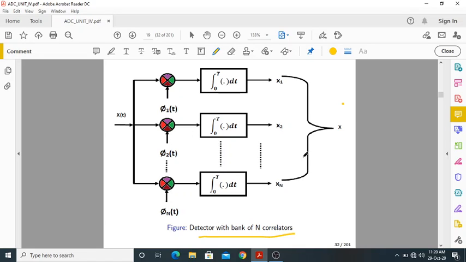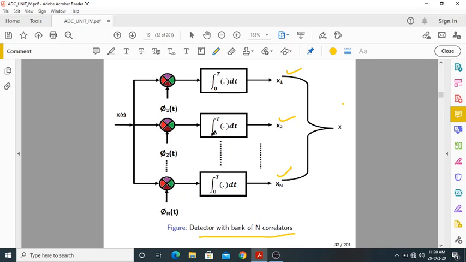What happens here is x of t is the input to this block of N correlators. First of all we multiply with phi 1 of t and do integration, and you get x1. Next, this is for x2, and so on, up to xn. So x1 is the output of the first correlator, x2 is the output of the second correlator, and xn is the output of the nth correlator.